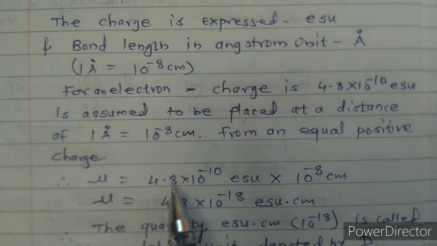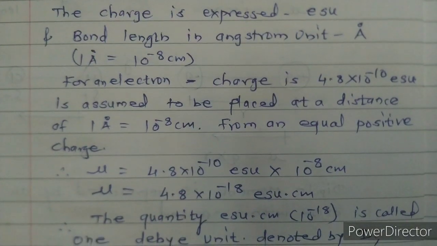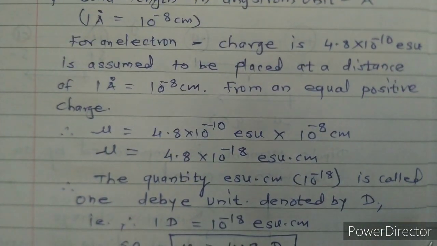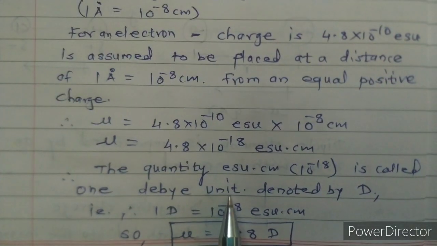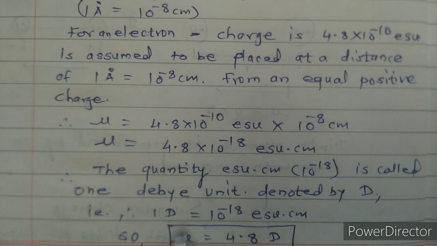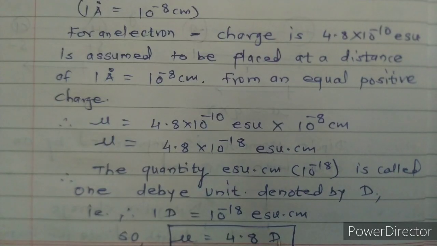This is the value of electronic charge, and this is the value of distance, bond distance r. So mu equals 4.8 into 10 raised to minus 18 ESU centimeter. The quantity 10 raised to minus 18 ESU centimeter is called 1 debye unit, denoted by D. Therefore we can say 1 debye equals 10 raised to minus 18 ESU centimeter. So the dipole moment for an electron equals 4.8 debye.